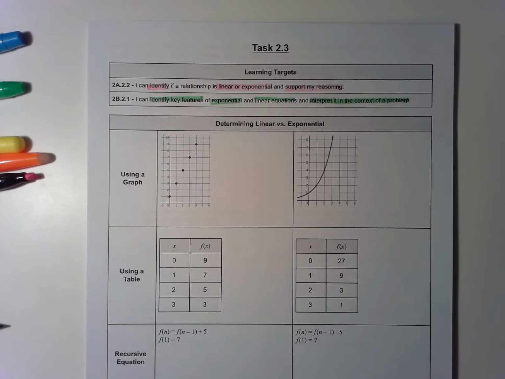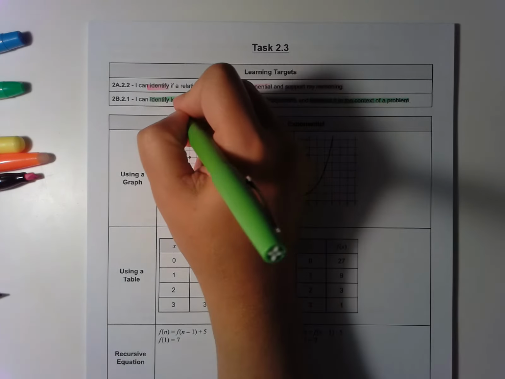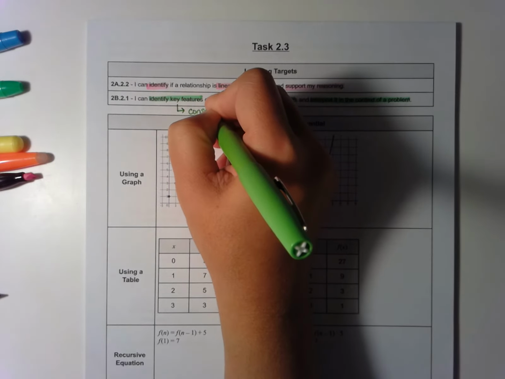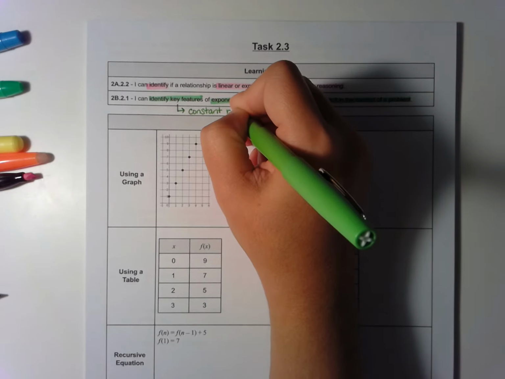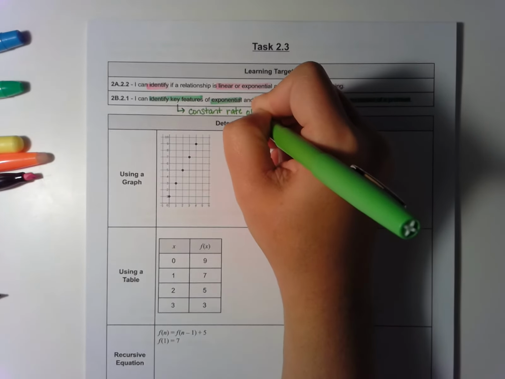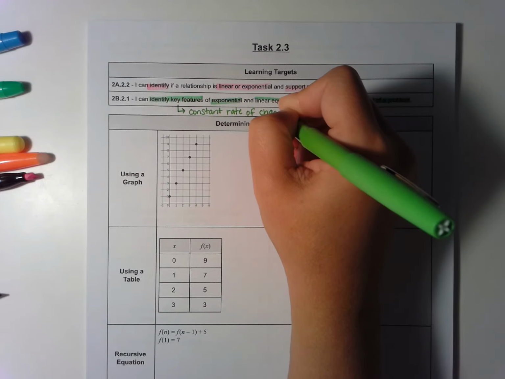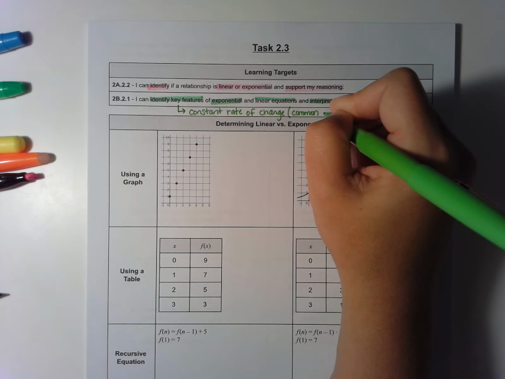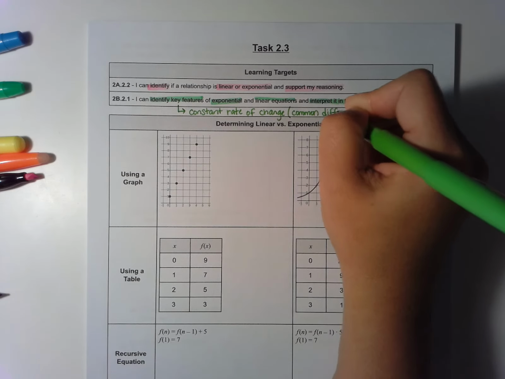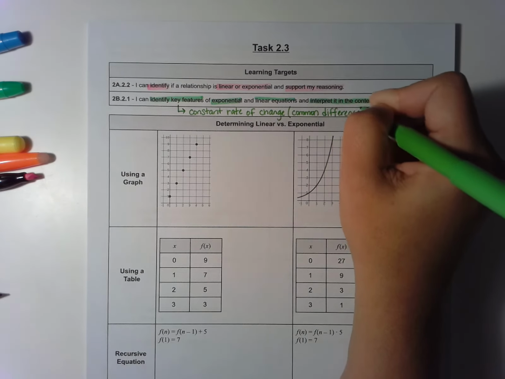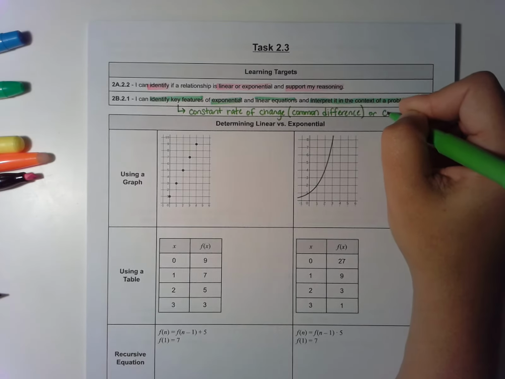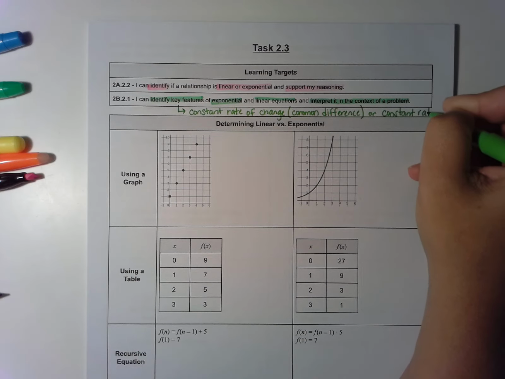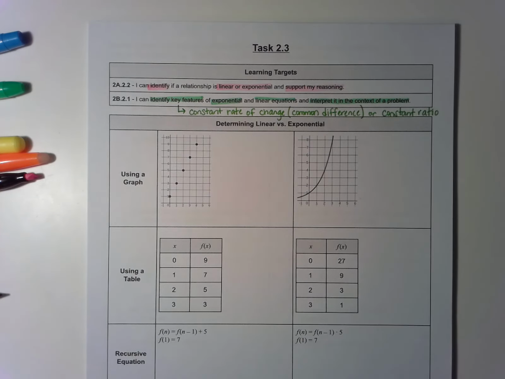We're going to be identifying key features, and our key features today are going to be the constant rate of change, which we also call the common difference, or the constant ratio, which we also call the common ratio.